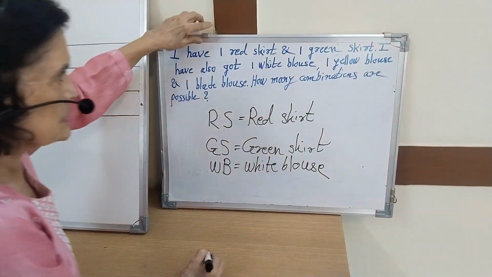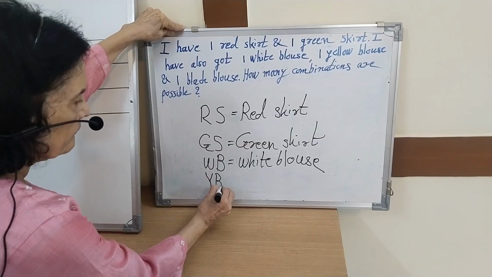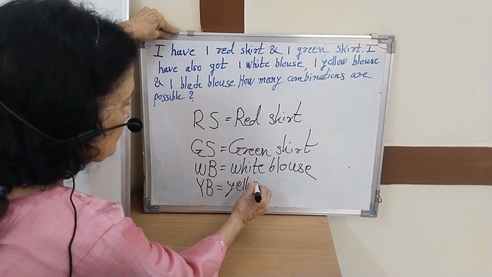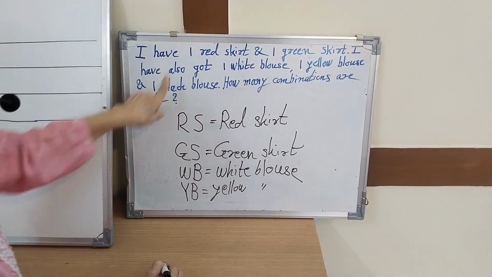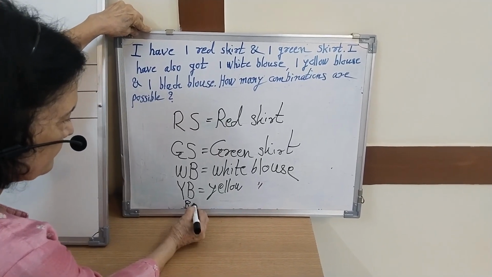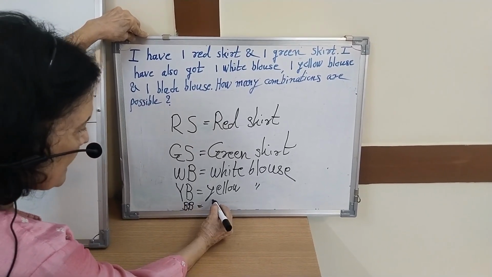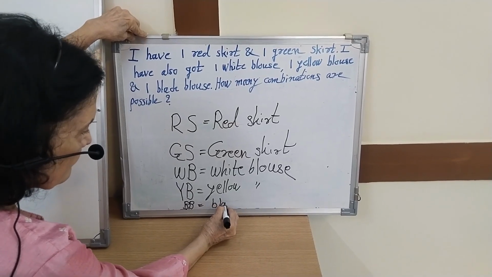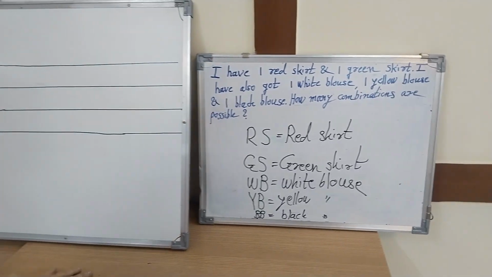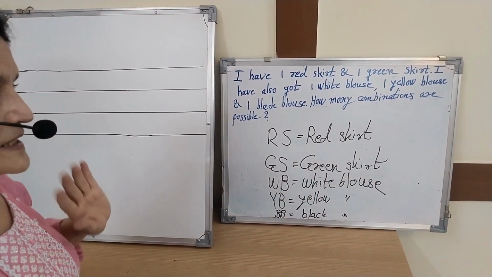One yellow blouse we will represent with YB, that is yellow blouse, and one black blouse, so BB will represent black blouse. Right? Once this is clear to us, the next steps are very easy.